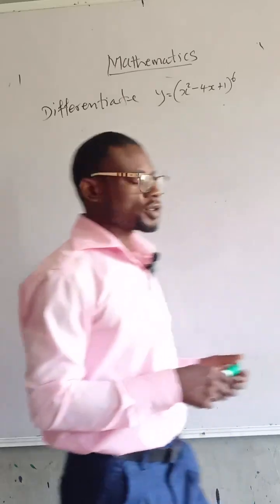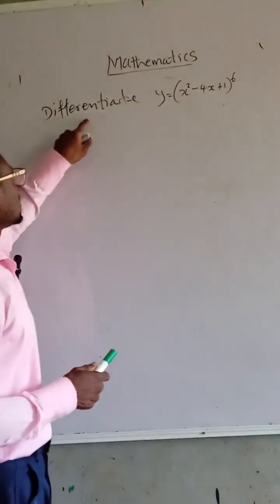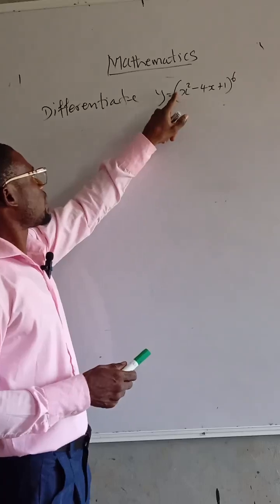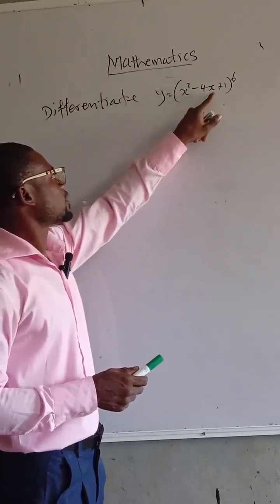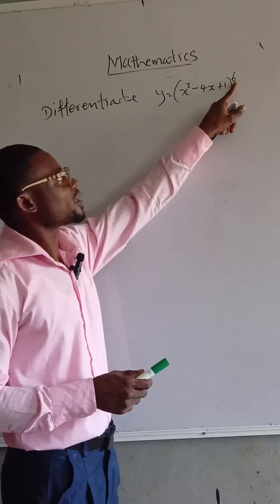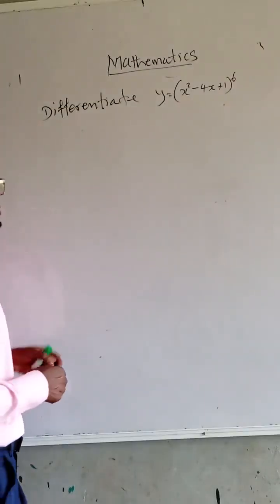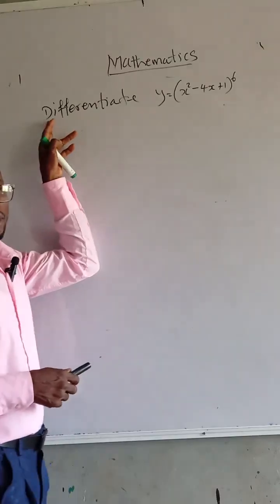Okay, we have a question to solve. We have to differentiate y equals (s² − 4s + 1) raised to power 6. If you have the knowledge of differentiation, good; if you don't, watch my other videos.